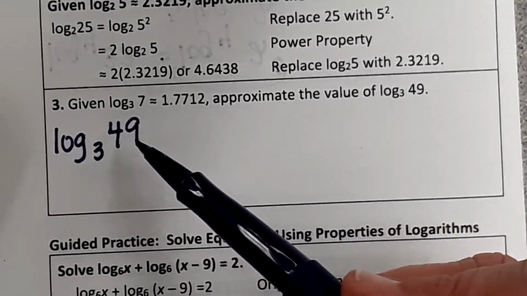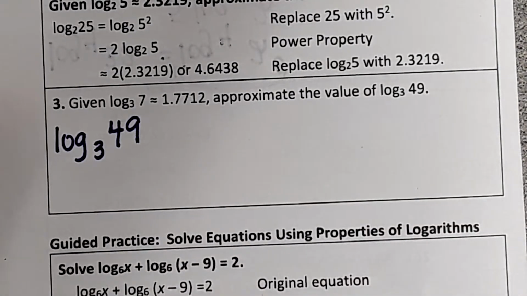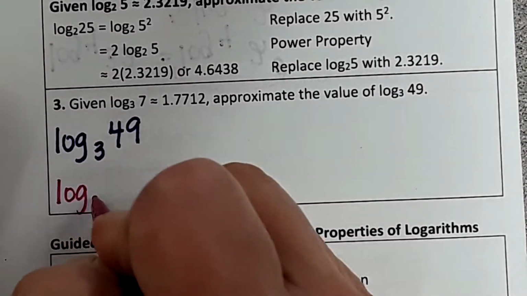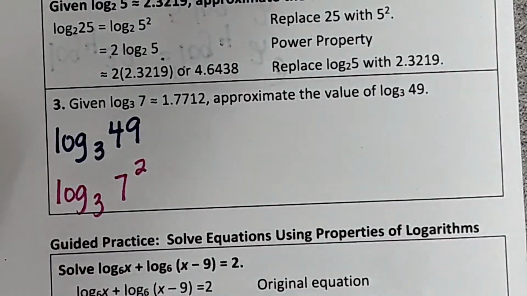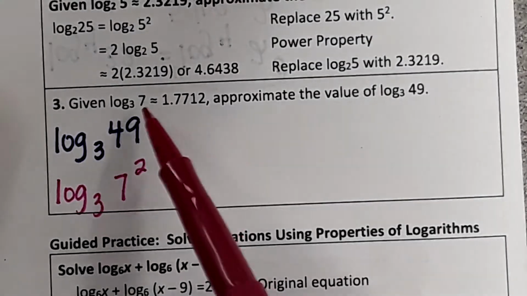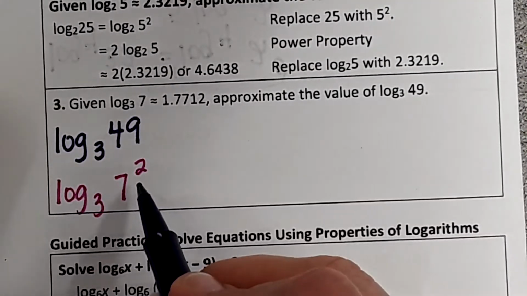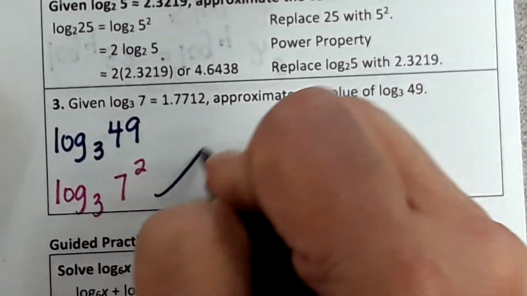Is there a way that I can rewrite 49 so that there's a 7 instead of a 49? 7 squared. So I'm going to rewrite this as log base 3 of 7 squared. I'm replacing 49 with 7 squared, which is good because that's what I have. Now, what do I do with this 2? Put it in the front.